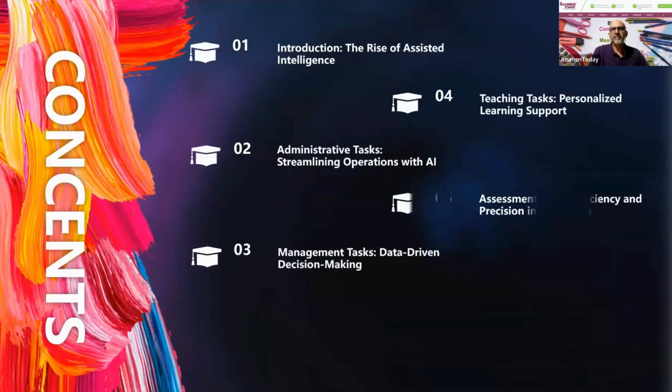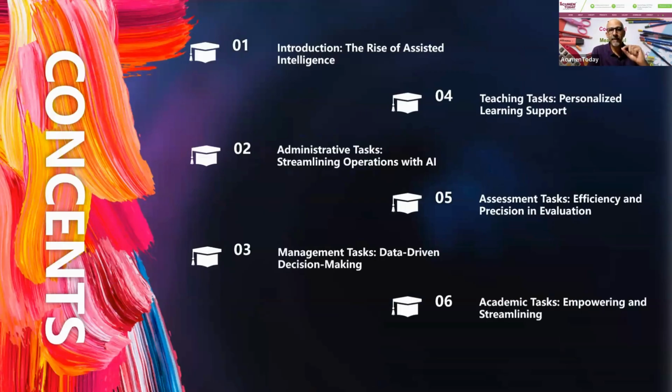So what's in store today? Rise of assisted intelligence. We will talk about assisted intelligence, and data-driven decision making when it comes to running an educational institution, streamlining operations, and how we could make use of the streamlining of the process for personalized learning, the support that we can give to individual learners.